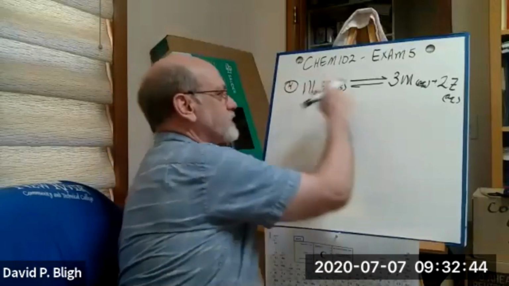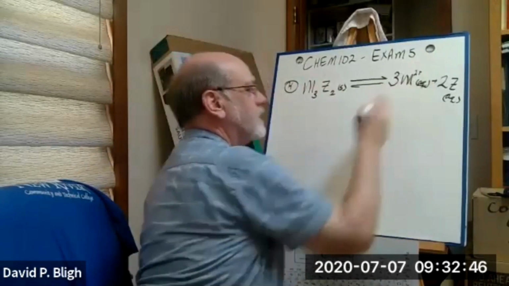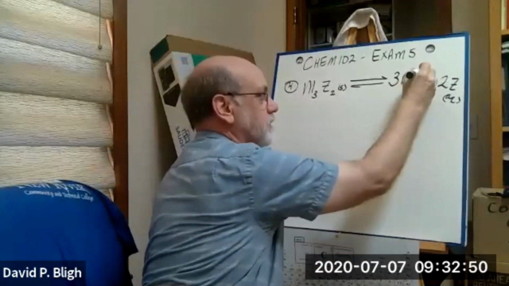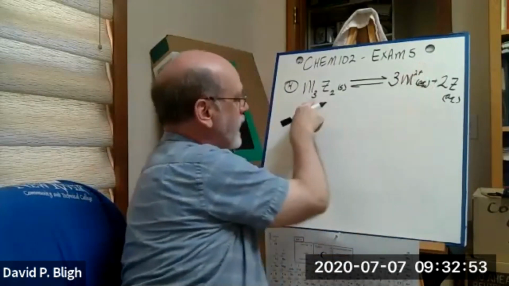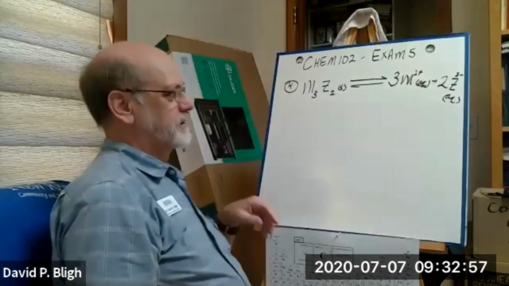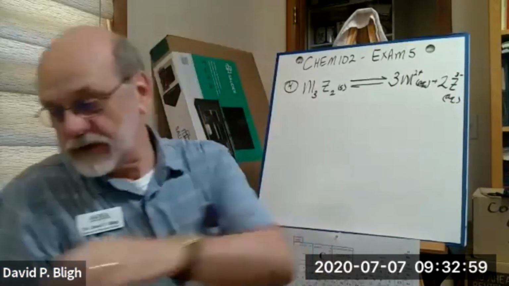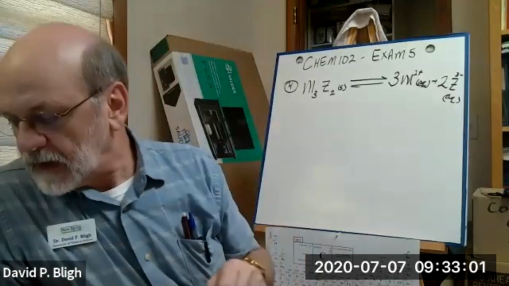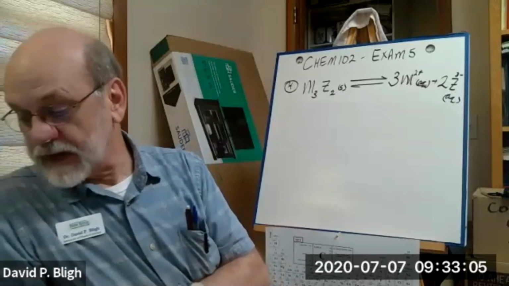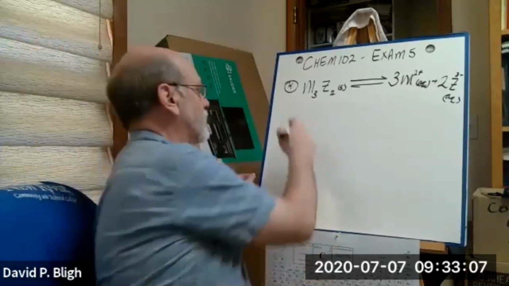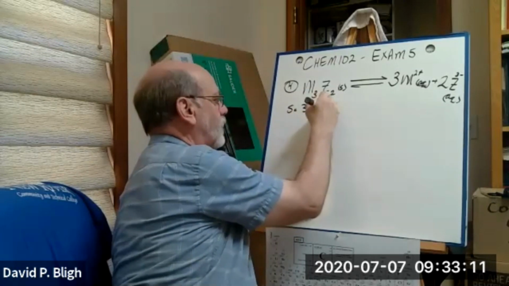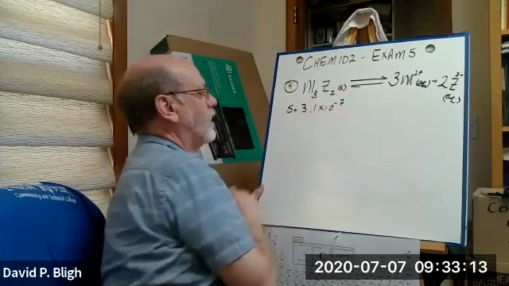So that means this should be 2 plus, because it's first, right? Cation's always first. So it's got to be a plus, and 3 minus. Okay? So now what else are we given? We're given the solubility, 3.1 times 10 to the minus 7.